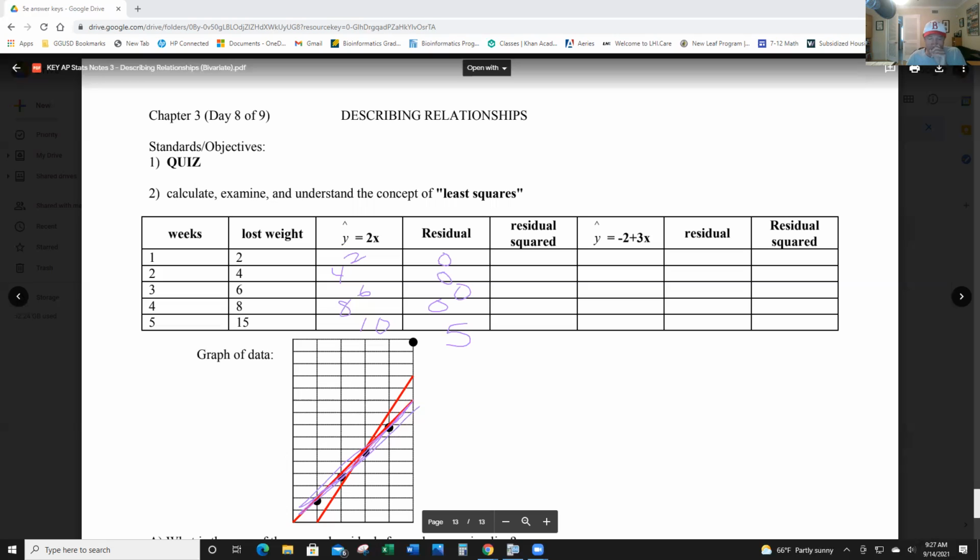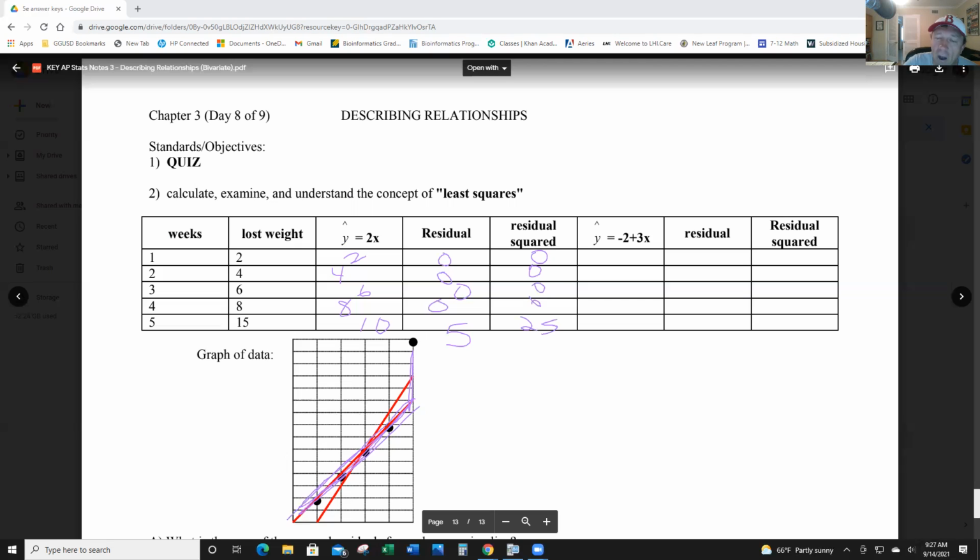And if you look at it, you can see that the red line where my cursor is hits those first 4 points perfectly, but misses this one; the vertical gap is 5 units. 1, 2, 3, 4, 5. If I square all of those, I'm going to get 0, 0, 0, 0, and 25.